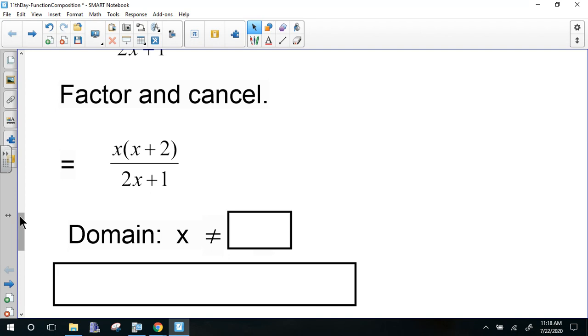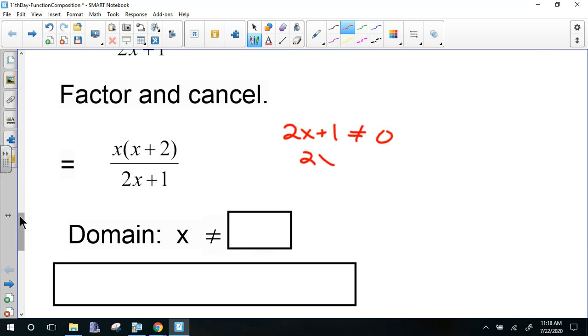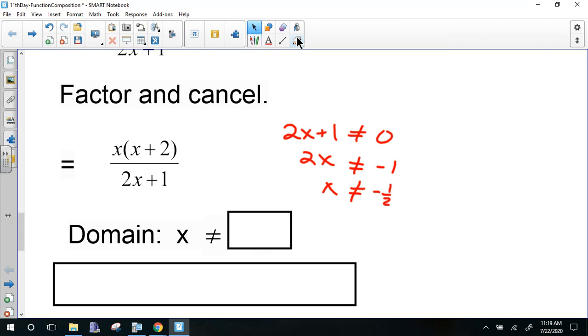So if I take 2x plus 1 not equal to 0 and I solve, divide by 2, my domain cannot include negative 1/2.